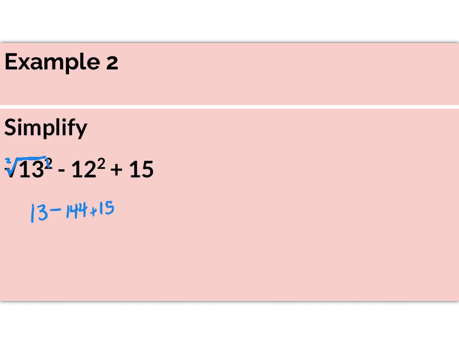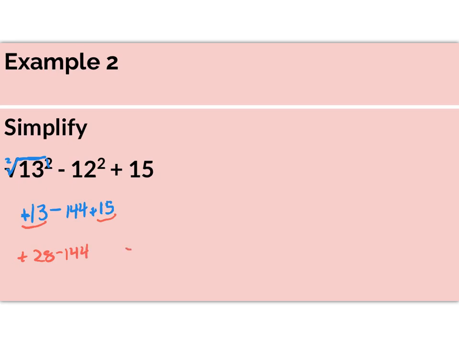And so now how are we going to do this? The 13 has no sign. I know it's positive. And we know from our integers, and if you feel weak with integers, go back and watch those series of videos. Same signs add. So you got plus 28 minus 144, and different signs subtract.